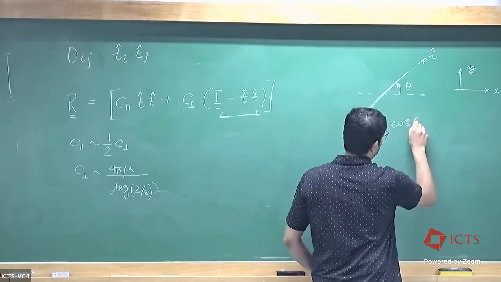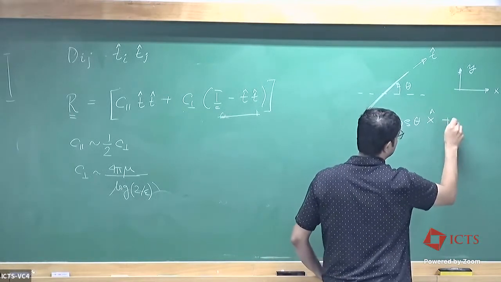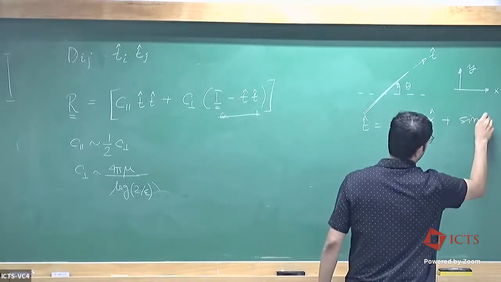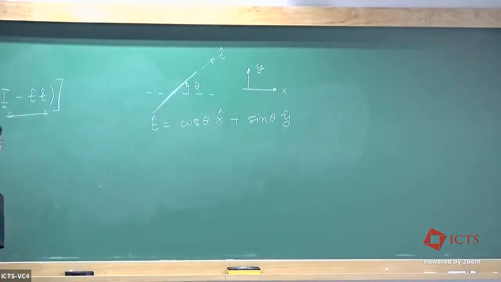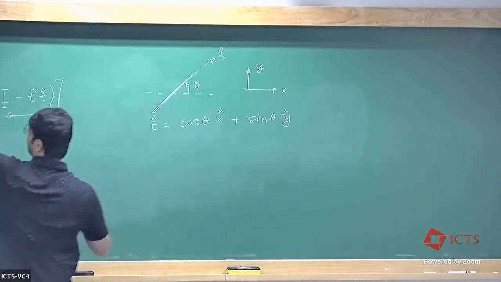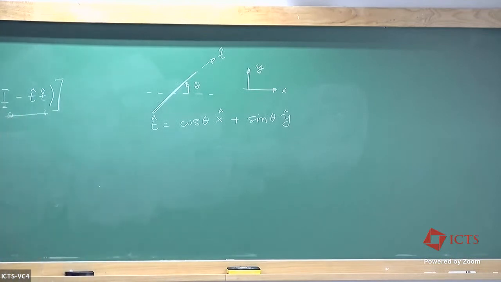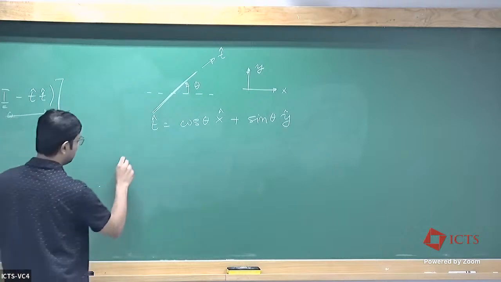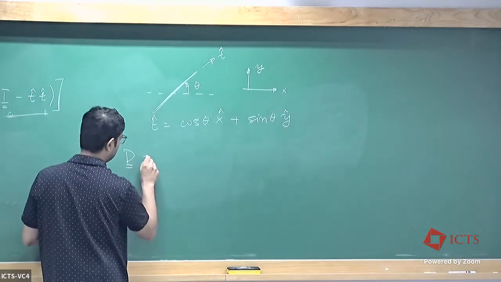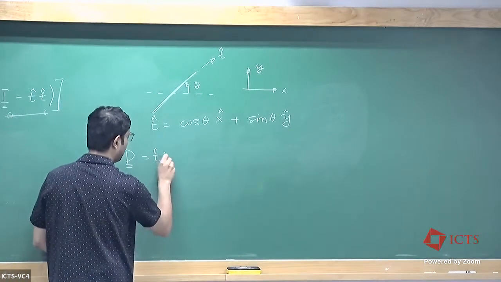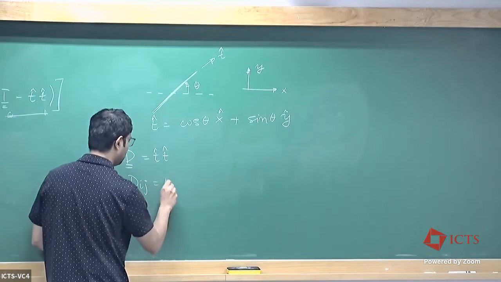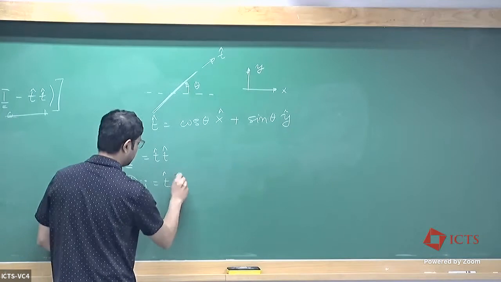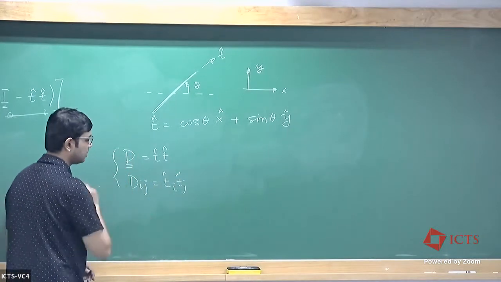It is cosine theta x hat plus sine theta y hat. Remember this matrix, if I call this Dij, this matrix D is t hat i, t hat j. The same thing.